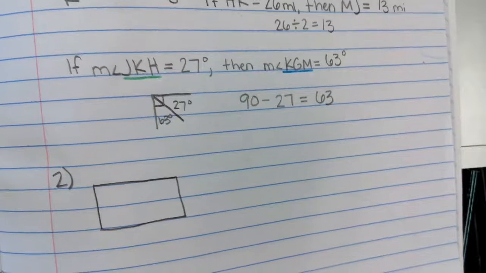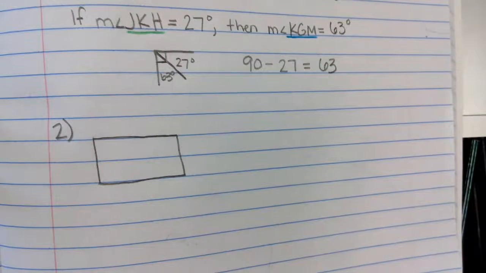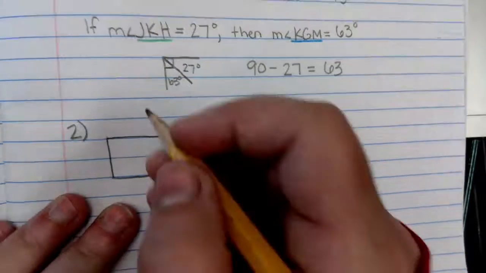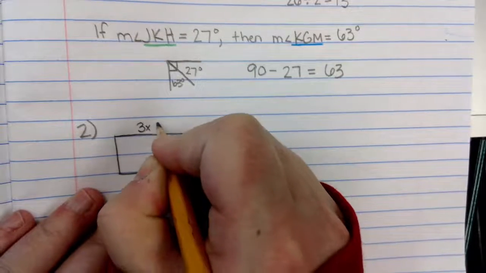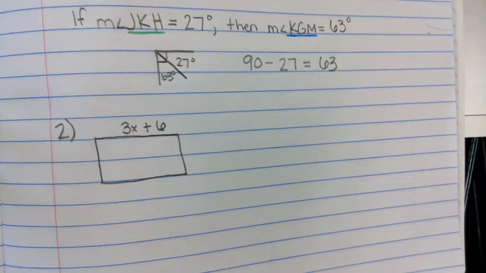All right, this top side is going to be 3x plus 6 and the bottom one is going to be 7x minus, no, what was it?